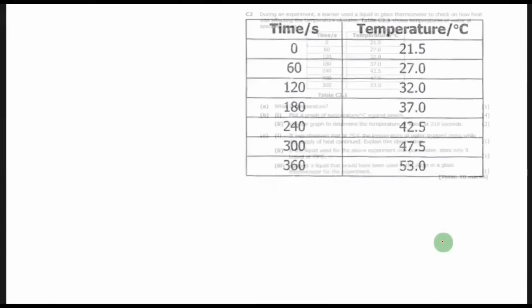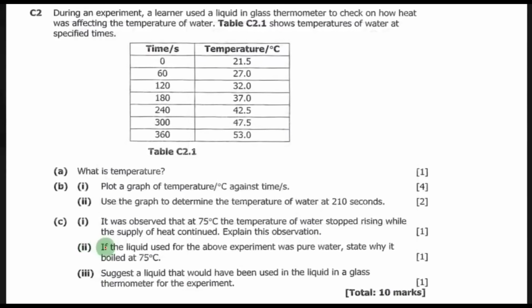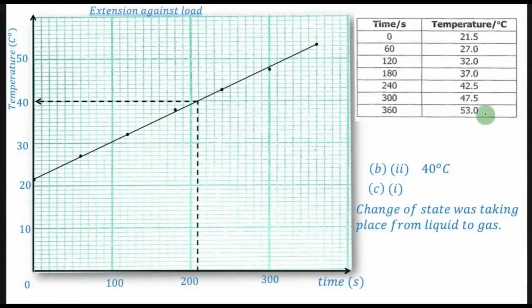So if the liquid used for the above experiment was pure water, state why it boiled at 75 degrees Celsius. So why it could have boiled at 75 degrees Celsius when we know that water boils at 100 degrees Celsius.